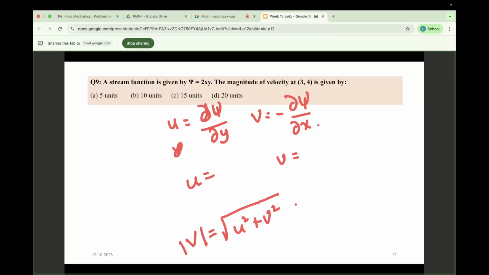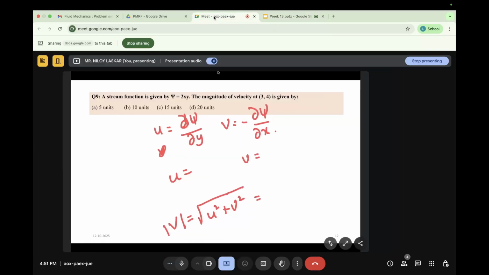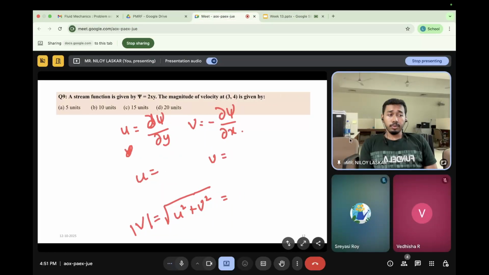So you just calculate, and this question needs to be solved from your side. I am giving you 2 minutes for this one. Please solve this one.